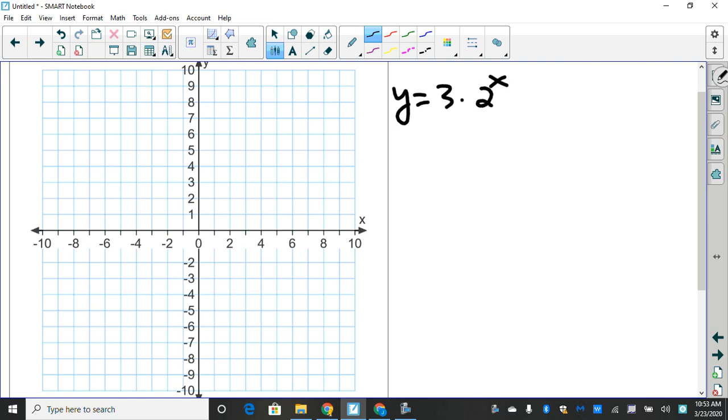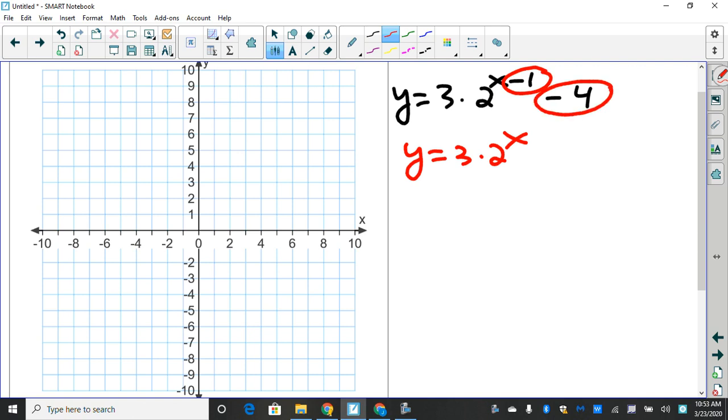Minus 1, minus 4. Now those of you who've been staying on the ball, most of you have, you will see that negative 1 right there and that negative 4, we're gonna just concentrate on y equals 3 times 2 to the x. And then we'll move it 1 to the right and 4 down, just like before.